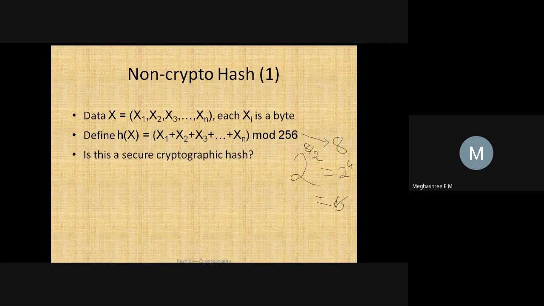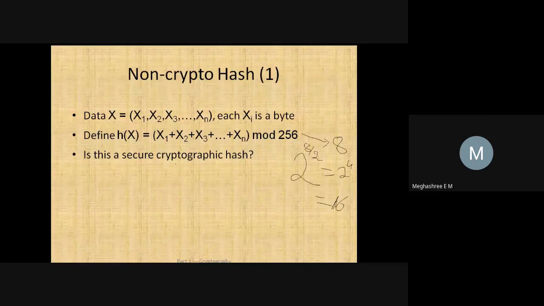The output is 8-bit, so n is 8 here. 8 divided by 2 is 4, so 2 power of 4 comes to 16. So for 16 randomly selected inputs for this data, I may find a collision. What does it mean? Obviously, this is also not a secure hash function, isn't it?